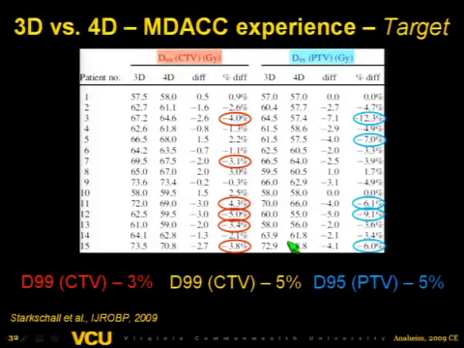And with the criteria set at 5% in D95 for the PTV, then replanning would be required in 5 cases. So again, it comes down to us not necessarily knowing very well what the limits are at which a 4D dose computation would maybe be required.